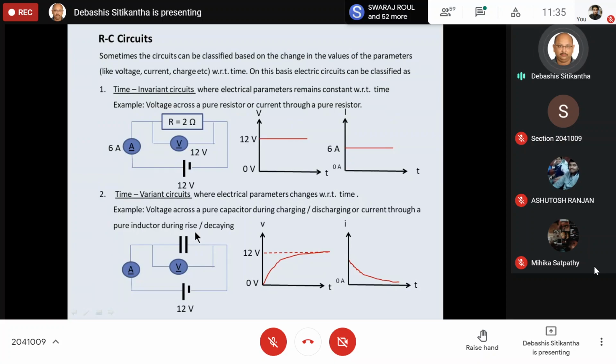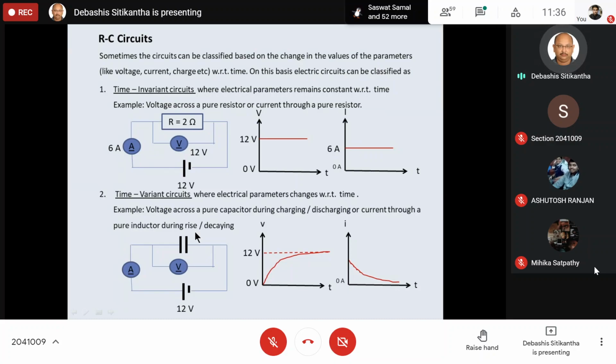The current magnitude is going to vary with respect to time. Similarly, in case of a pulsating DC circuit, we also have voltage and current changing with respect to time.